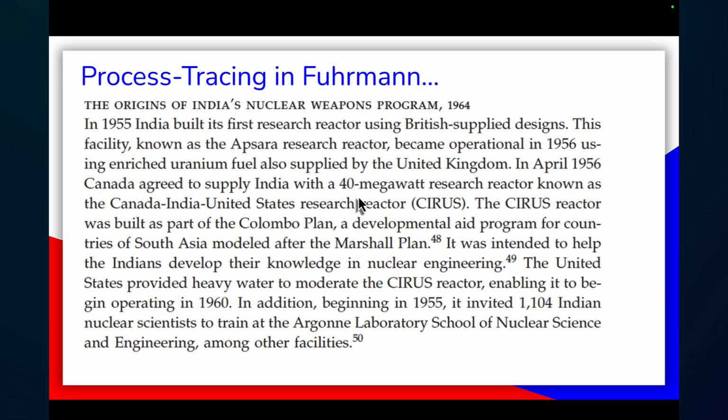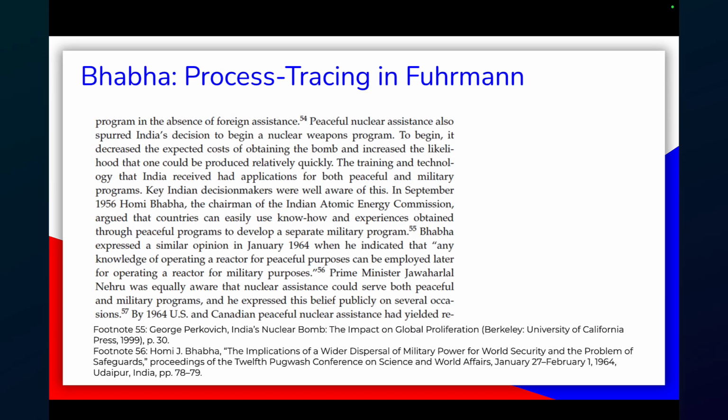In any case, this is evidence of, look, they have a nuclear cooperation agreement, right? They're working with the British, Canada, and the United States to develop nuclear energy, nuclear engineering. Okay, so this is the background on India. We're not to the process tracing just yet, but they say eventually this will lead to nuclear weapons in India.